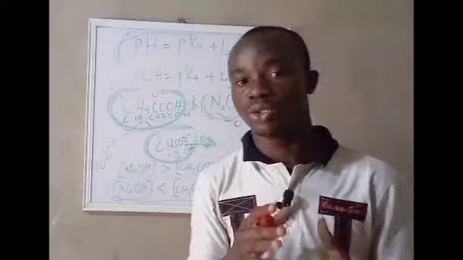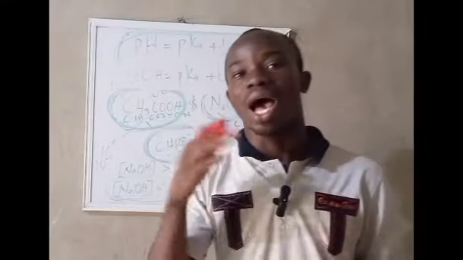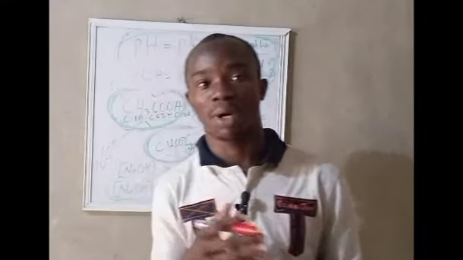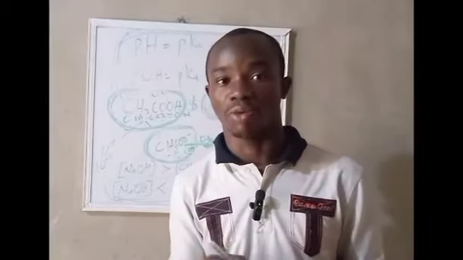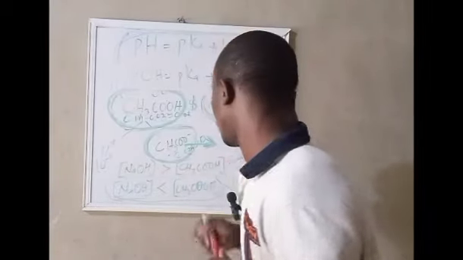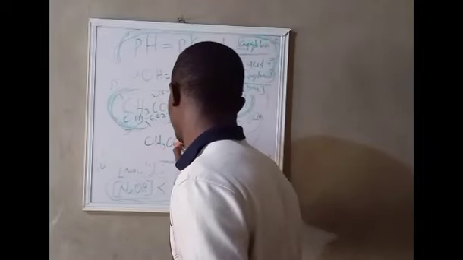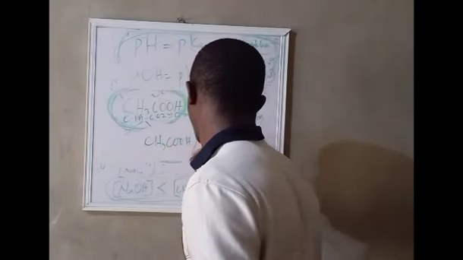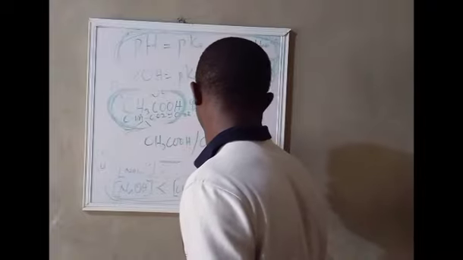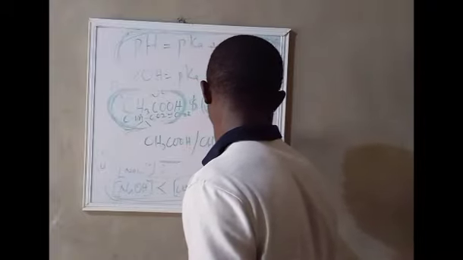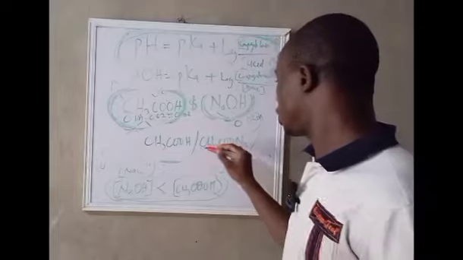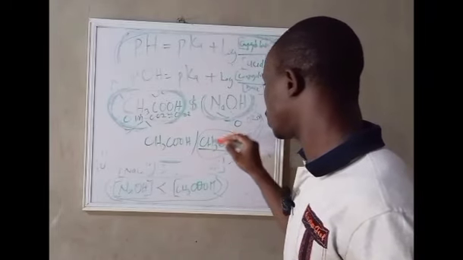But in some cases, some people will use a weak acid and the salt of the conjugate base of that weak acid to prepare their buffer. For example, if they use CH3COOH and CH3COONa. Now this salt can produce the conjugate base.